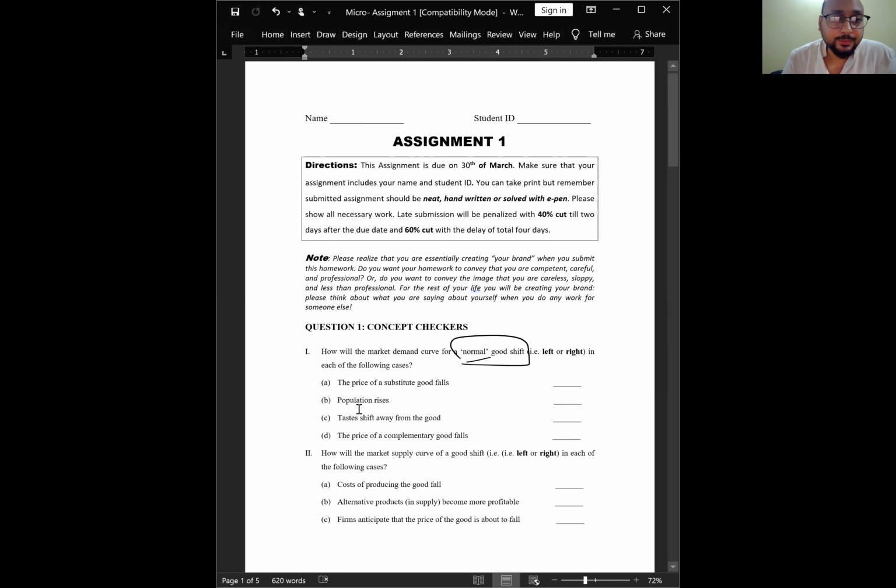Okay, let's talk about this. Now we're talking about the price of substitute goods falling. Find out whether this shifts to the left or to the right when the price of a substitute decreases. So let's just talk about this.